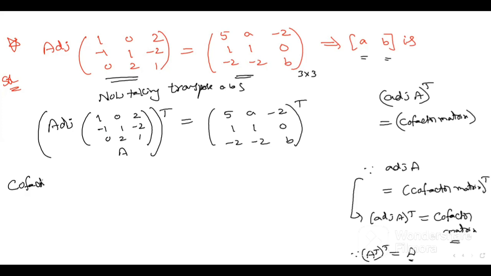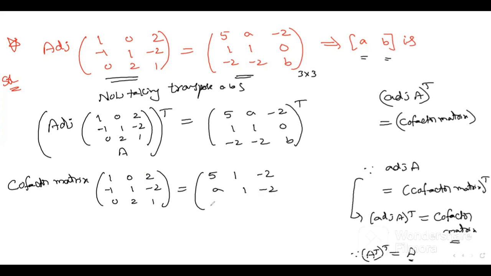The cofactor matrix of 1, 0, 2, minus 1, 1, minus 2, 0, 2, 1 is equal to the transpose on the right side, 5, 1, minus 2, a, 1, minus 2, minus 2, 0, b. Here what is our target? The values a and b.